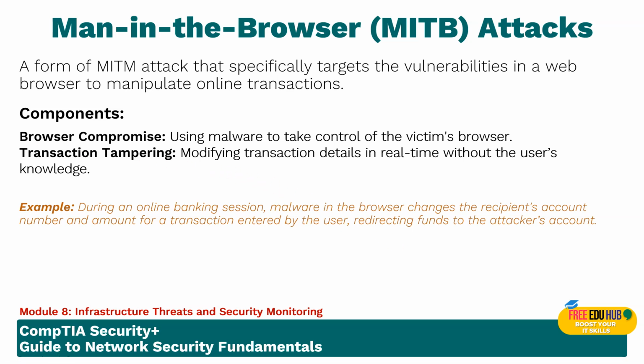Then we have man in the browser, which we also call MITB. This is a form of attack specifically targeting the vulnerabilities in a web browser to manipulate online transactions. The tactic involves an attacker using a Trojan horse or a tool like that, with the help of which they can infect the web browser.